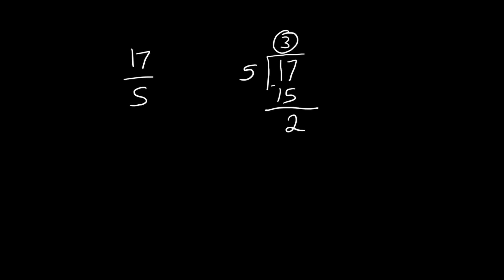So the number here will be a whole number, so 3. The remainder will be the numerator of the proper fraction, 2, and the number you're dividing it by will become the denominator. This will become your answer.